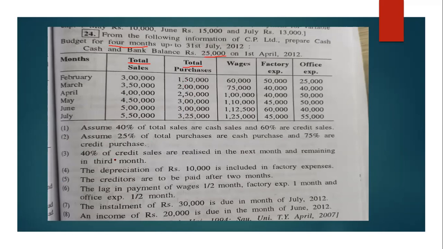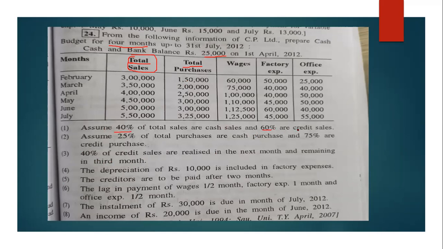Now we are told 40% of credit sales are realized in the next month and the remaining in the third month. Now be careful. First we have to divide the total sales into two parts. First part is 40% and then the second part is 60%.